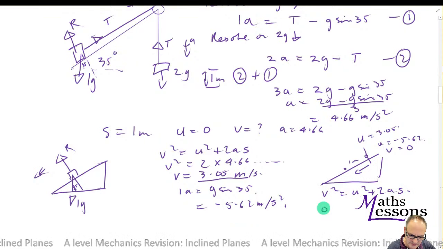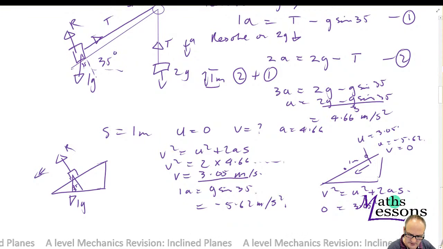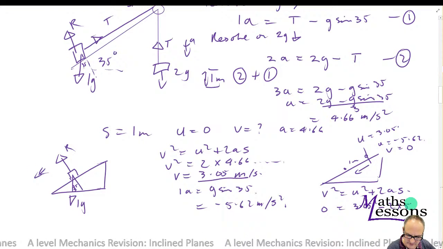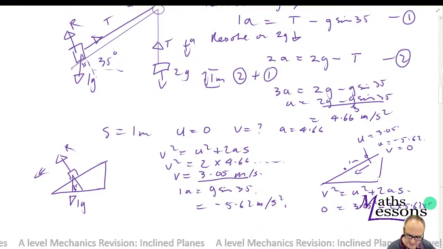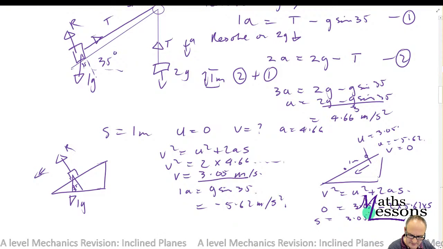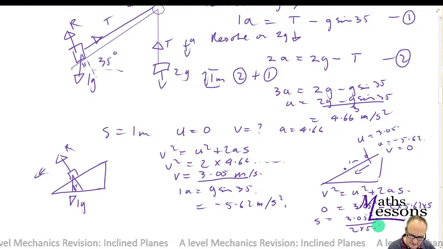We know v equals 0, u equals 3.05, and a is negative, so we get 2 times minus 5.62 times s. So s will equal 3.05 squared over 2 times 5.62.